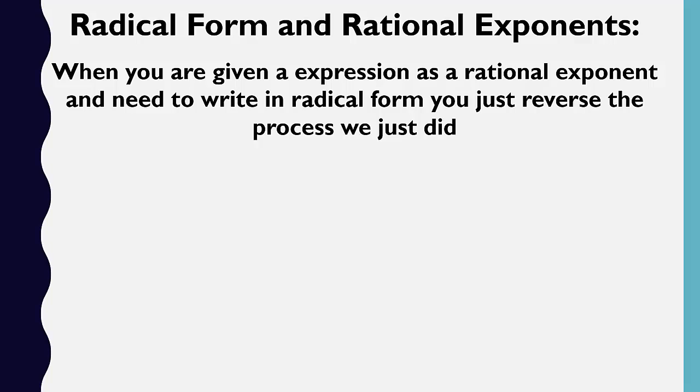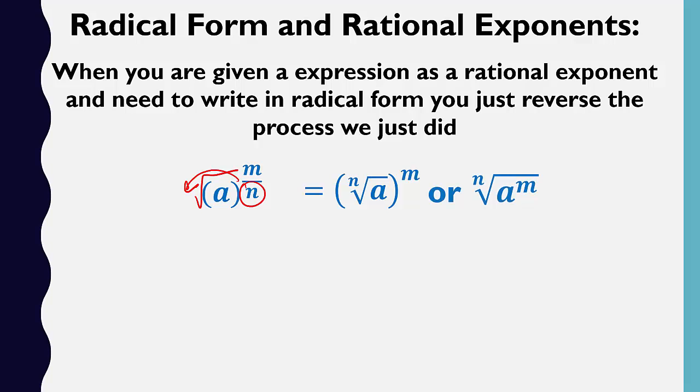Okay, radical form, rational exponents. When you're given an expression as a rational exponent and need to rewrite it in radical form, you just reverse the process we just did. So now if we have a to the m over n, this n will simply go out in front, and we will add a radicand this time to make it look like this. The other way you can write this is that they mean the same thing. So one is not more correct than the other.